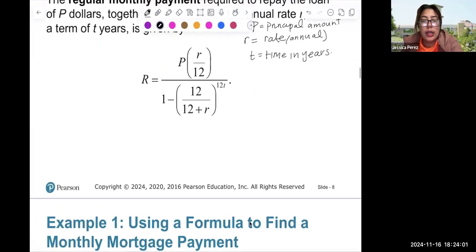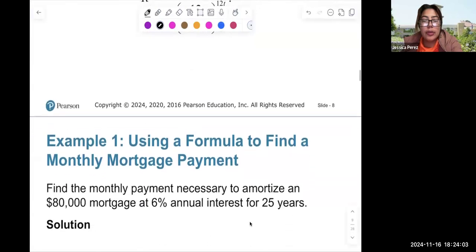Now, let's use the formula to find a monthly mortgage payment with the following example. Find the monthly payment necessary to amortize an $80,000 mortgage at 6%. There's P. R is 0.06, as we always convert to decimals, and T is 25 years.